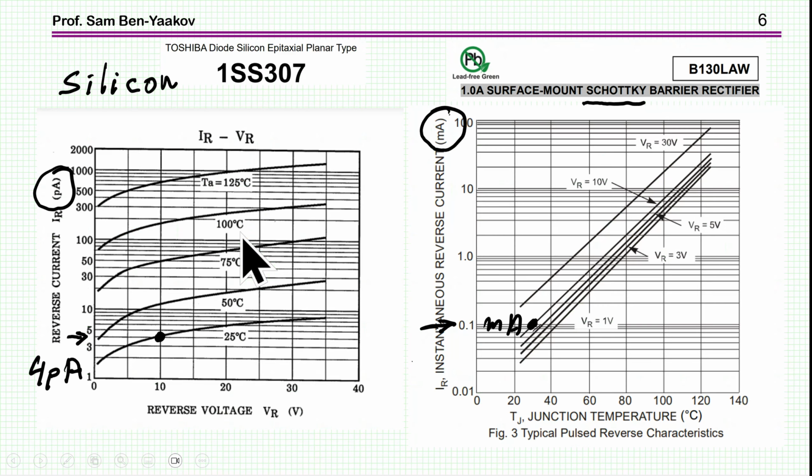And here I'm showing a comparison between a silicon p-n diode, one I've chosen with very low reverse current, and a common Schottky diode of, say, 1 amp in this case.